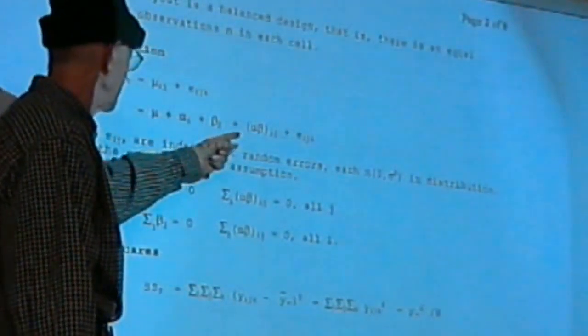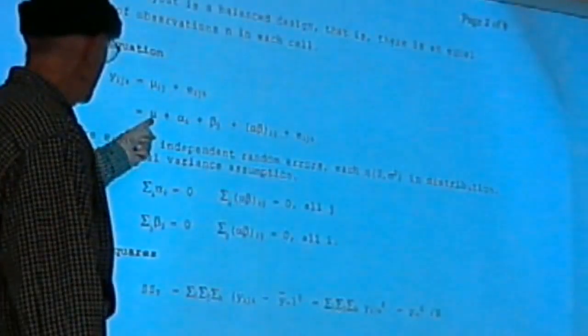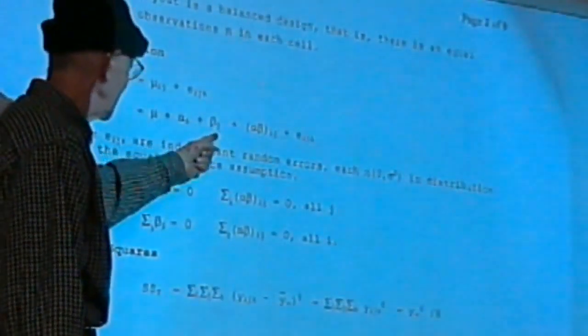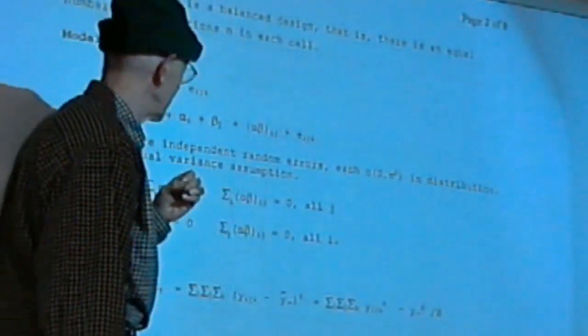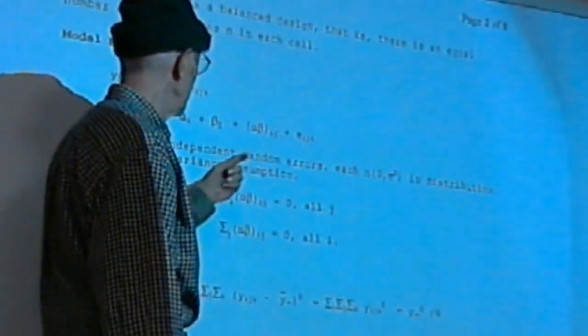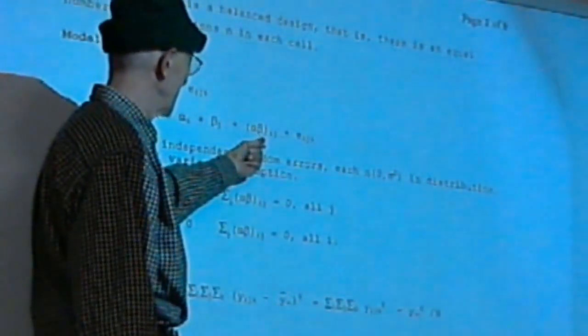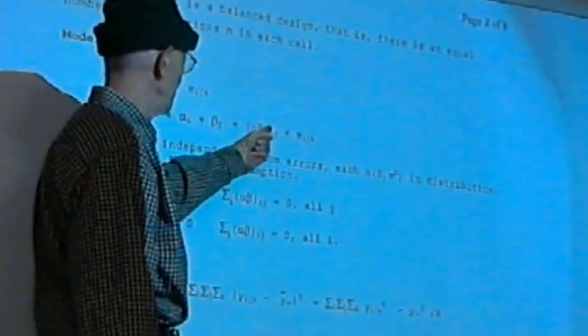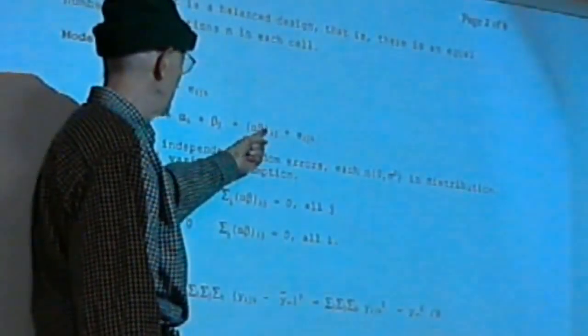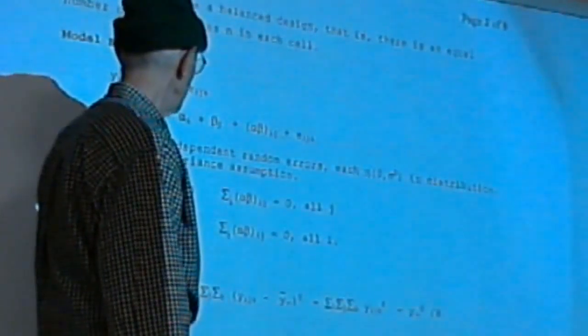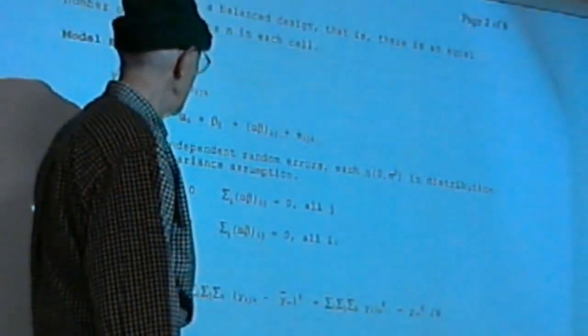In this form right here, we write it as an overall mean plus a little effect i plus a common effect j, and then a new kind of effect that we haven't considered before that we call interaction effect. And this is the standard kind of classical notation for this parameter, alpha beta subscript ij. It's called the interaction between factors A and B.